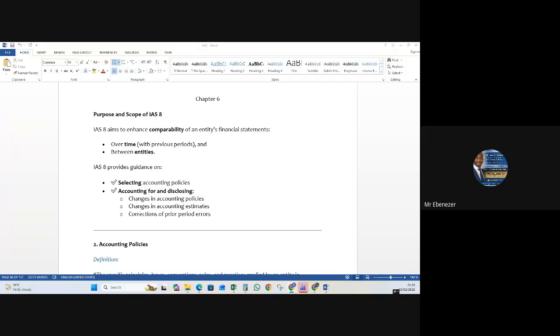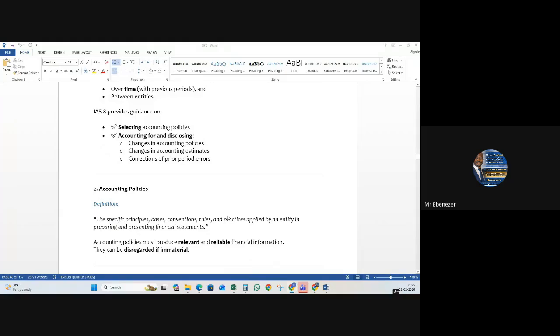Now, these policies that we have, accounting policy itself, are specific principles, accounting bases, accounting conventions, rules and practices that are applied by an entity in preparing and presenting financial statements.